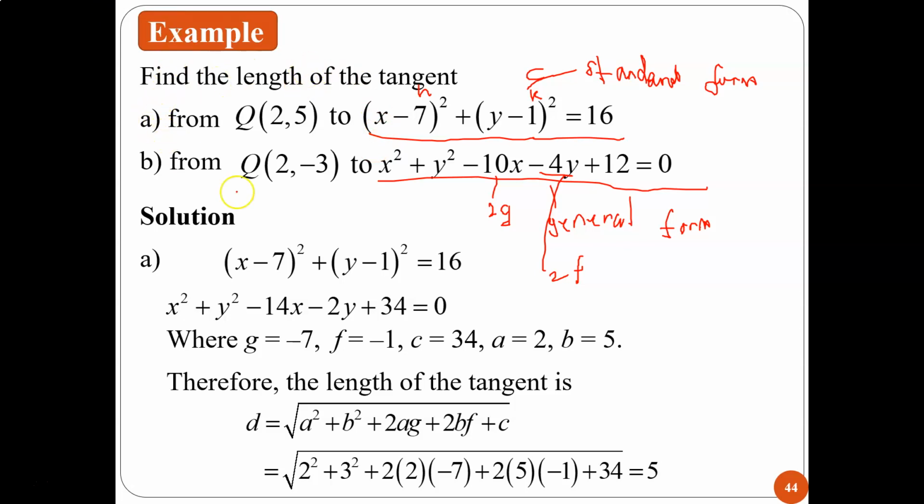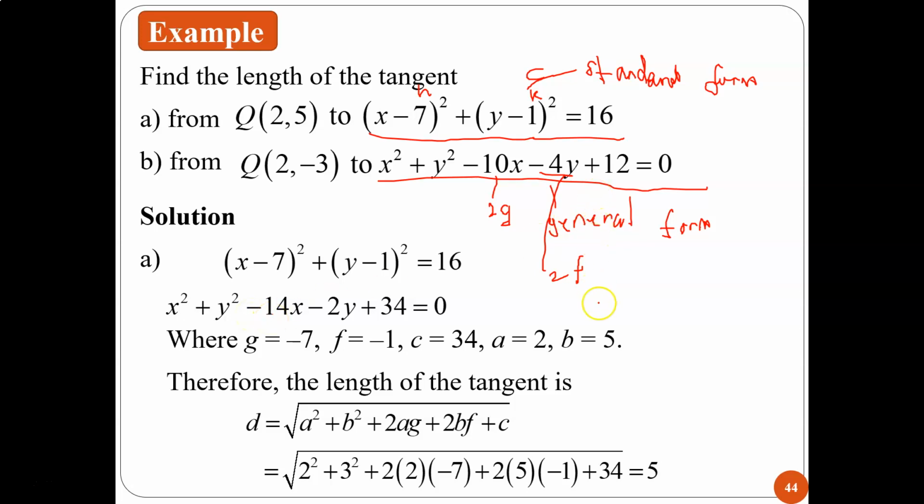Let's solve for question A first. So what you have, x minus 7, blah, blah, equal to 16. So you're going to expand this so that it's easier for you to use G and F letter. It's both easier actually. It's up to you whether you prefer using G and F or you prefer using H and K. So for me, I'm going to expand this. So you have this. Now you can compare it. This one is actually your 2G.